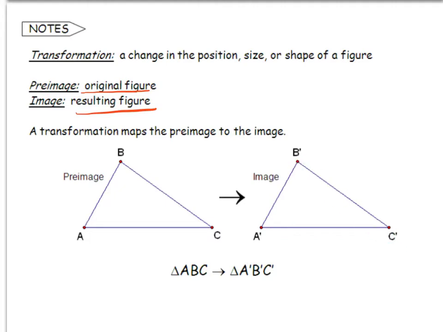And the reason why is because the points are related, but they're not exactly the same. So you can't call them ABC again. They've gone through this transformation. They've gone through a change, and so they're not exactly ABC anymore, but they're related. This is called mapping, going from one to the other, and this is how it's represented. You would say triangle ABC has been mapped to triangle A prime, B prime, and C prime.